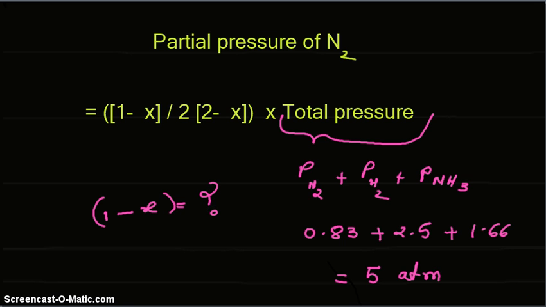So we'll first find the value of x and then proceed to find 1 minus x. Substituting the value of partial pressure, 0.83 for nitrogen will be equal to the mole fraction of nitrogen times the total pressure, that is 5.